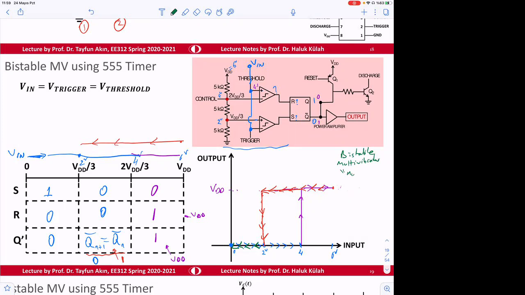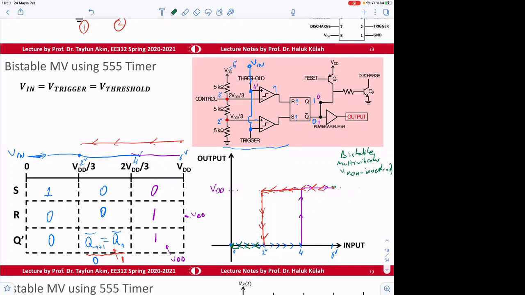But this time it's non-inverting. What does that mean? Input is 0, output is 0, input is 5, output is 5, or 6. That's 6. So this is therefore a very useful device.